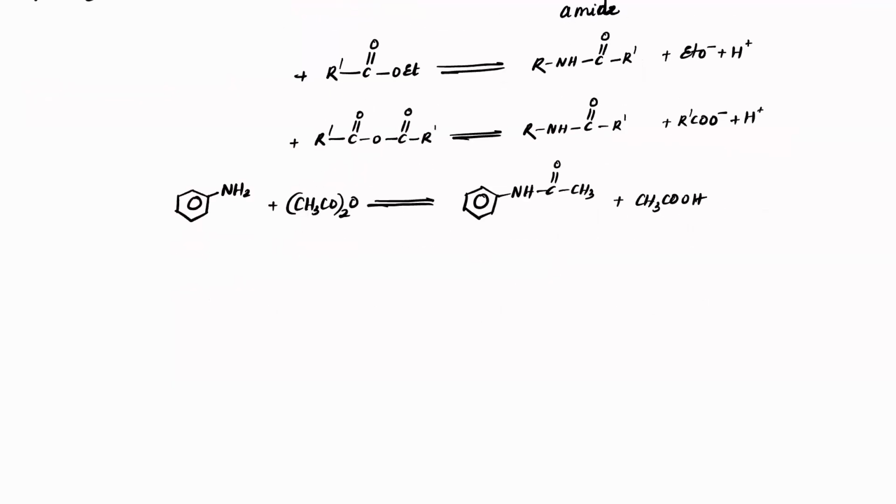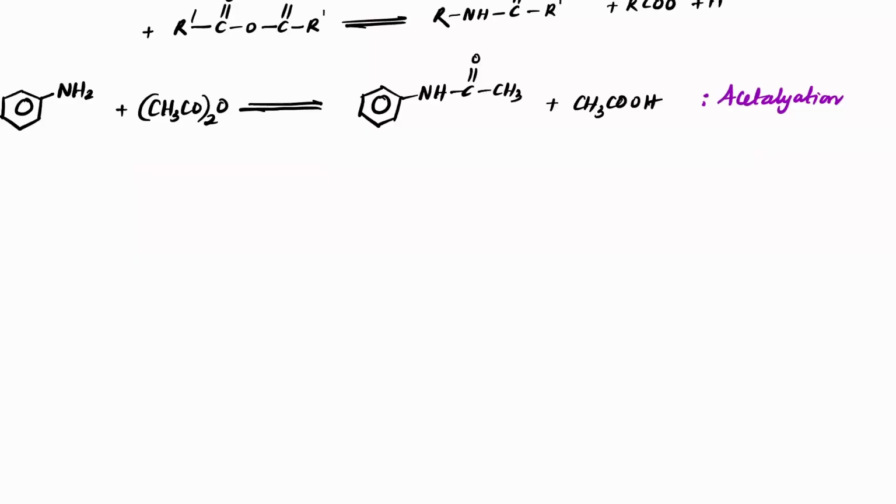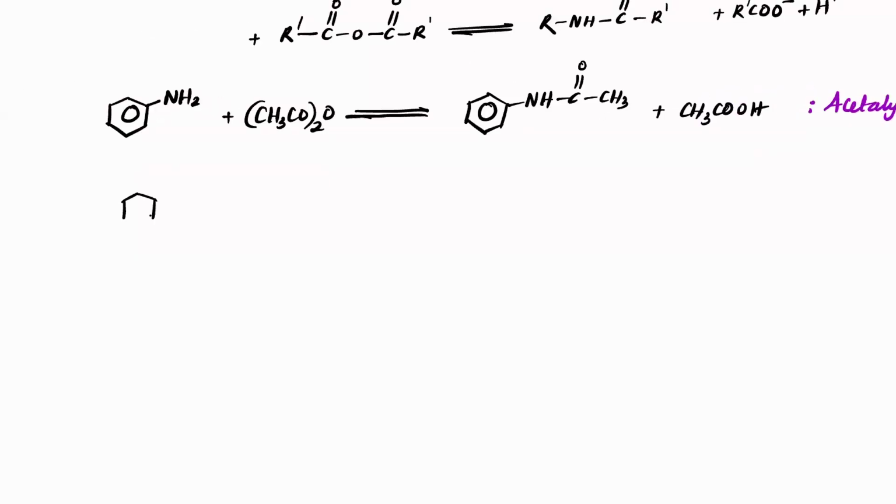Now, since an acetyl group has been used, this is called acetylation. What if I use a benzene ring for that matter? Suppose you have the same reactant, aniline, NH2, and then I have PhC(=O)Cl. In that case, we will have NH connected to C(=O)Ph, with HCl.